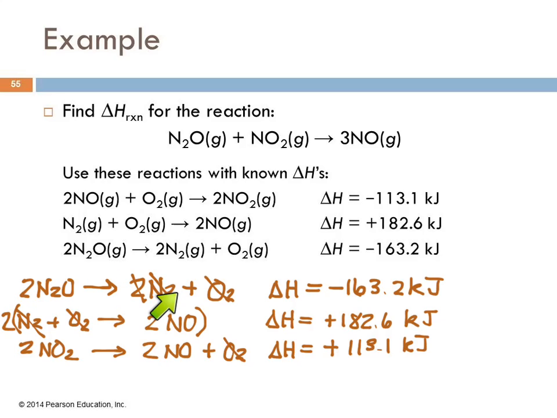They make 2 nitrogen molecules and 1 oxygen molecule. So one of these nitrogen molecules and one of the oxygen molecules inside the parentheses here got together and made 2 NO molecules. I don't have these anymore. They reacted and became something else.